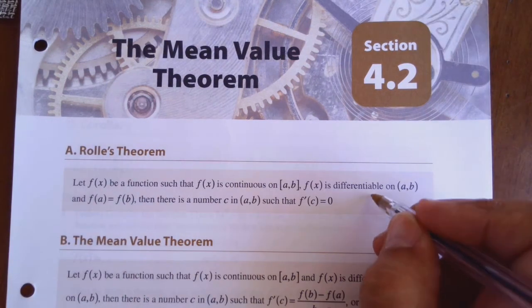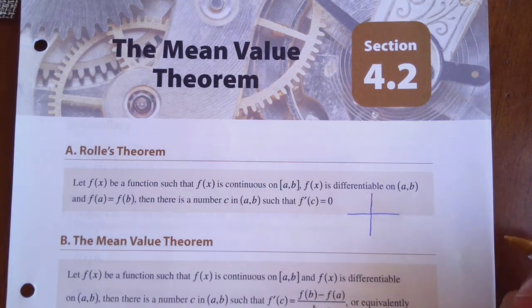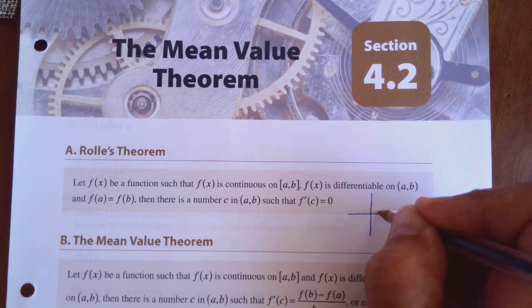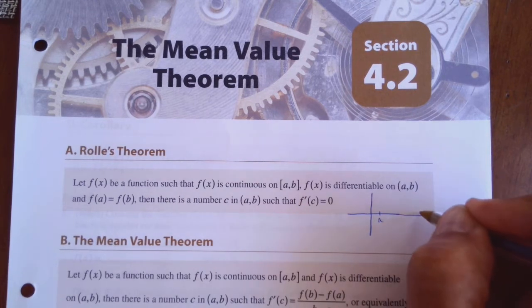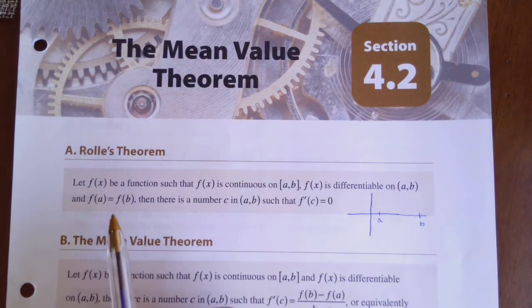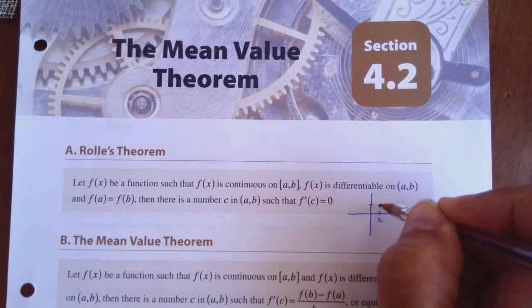So if I look at quickly a picture of a graph, okay, and I pick an interval. So let's say here's A and here's B. Okay, just pick any two numbers, A and B. Then this, remember, the y values have to be the same. So let's say I just put a point here.